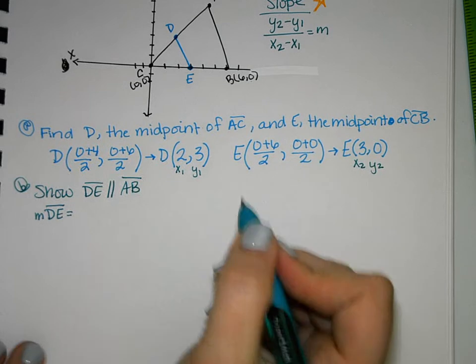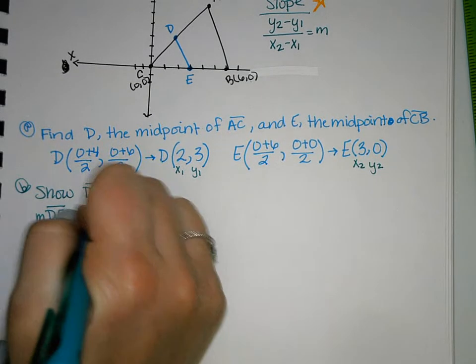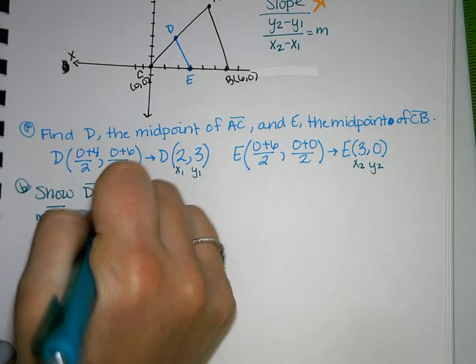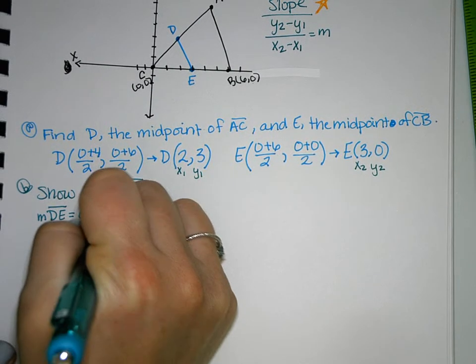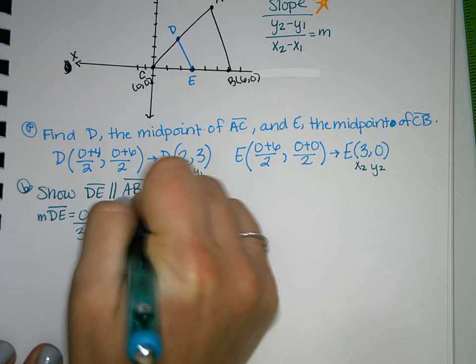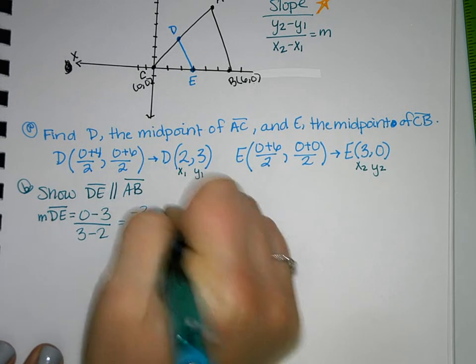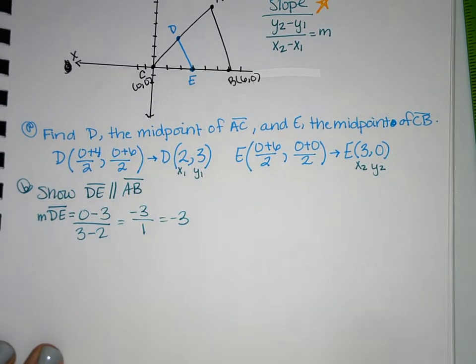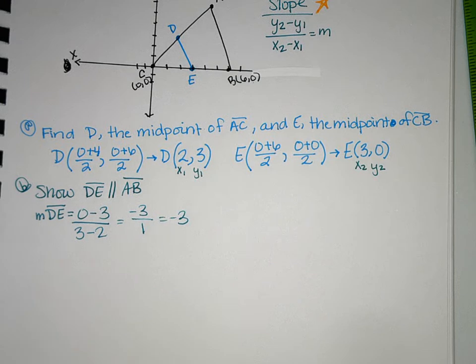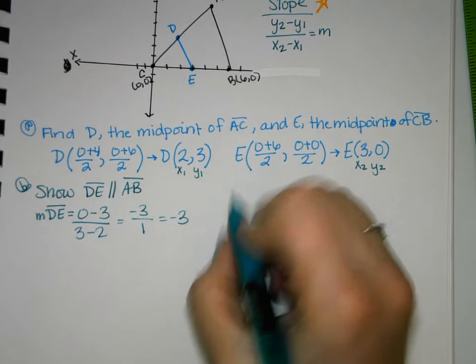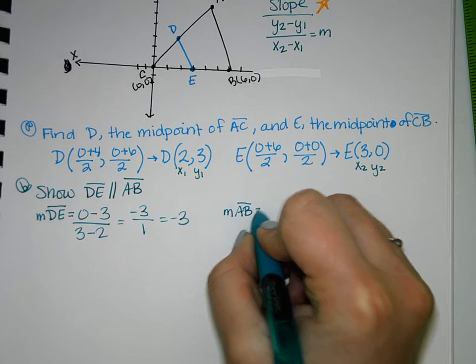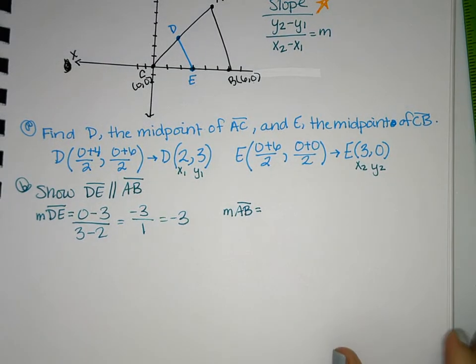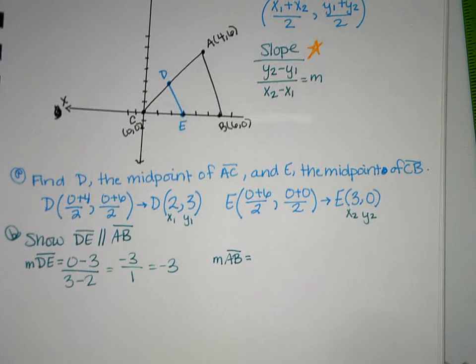So for DE, y2 minus y1 over x2 minus x1, I get negative 3 on top, 1 on the bottom, so I get negative 3. Then I have to find the slope of AB. So for AB, I'm just going to bring it down so I can label.